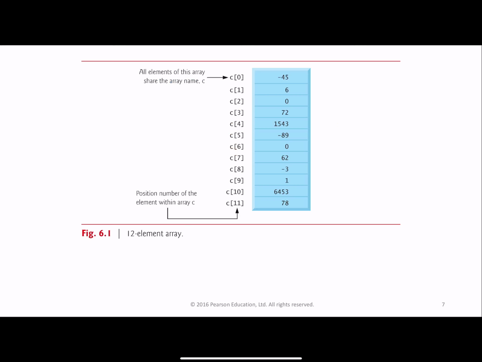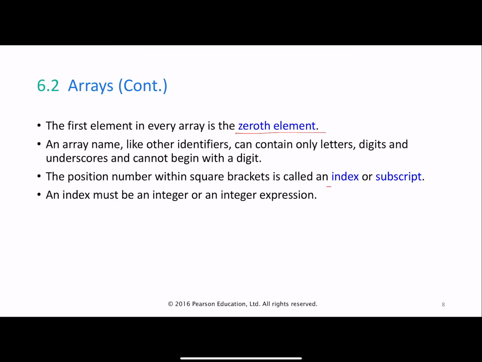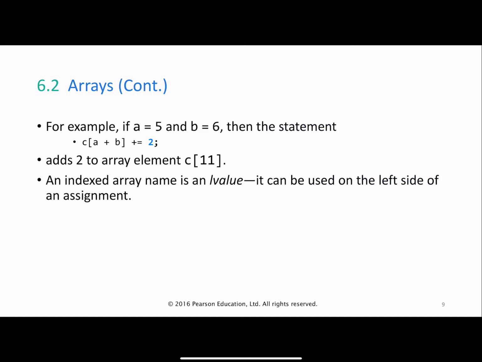The addresses that we use to access each element are called its index or subscript. And the index does not necessarily have to be a number, but can be any expression that evaluates to a positive integer.